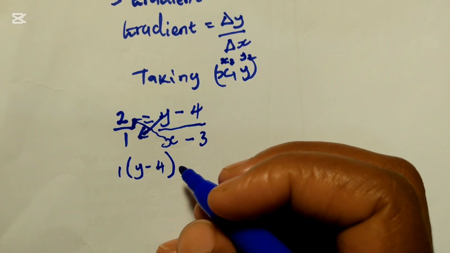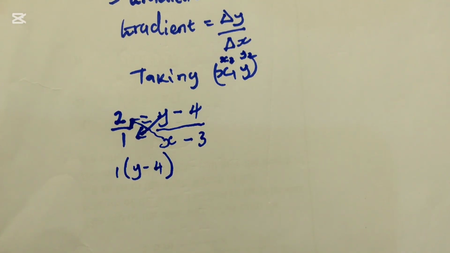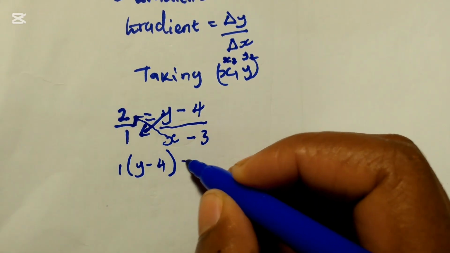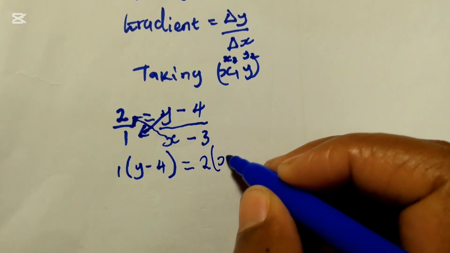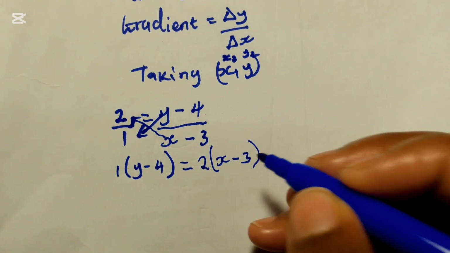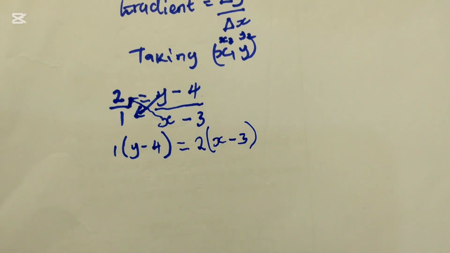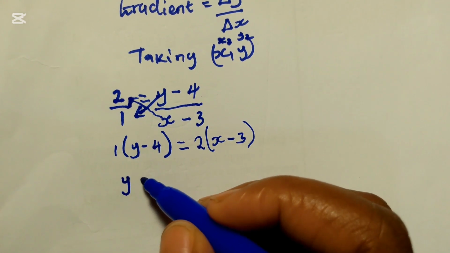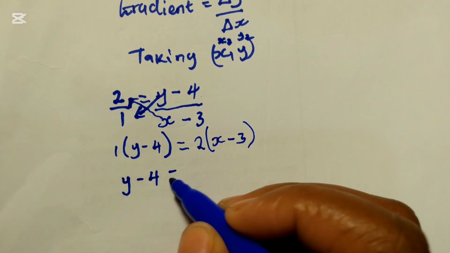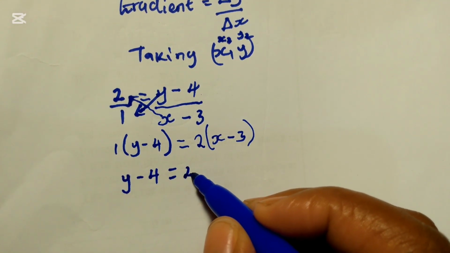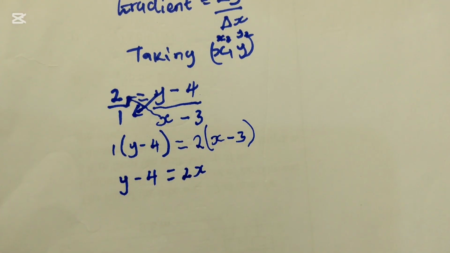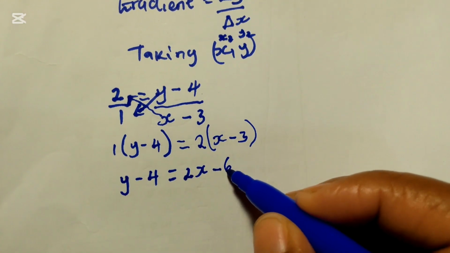Ensure you include the brackets so that 1 is multiplied by the whole part, y minus 4, is equal to 2 into x minus 3. Opening the brackets, 1 times y is just y, minus 4 is equal to 2 times x, which is 2x, then 2 times negative 3 is negative 6.